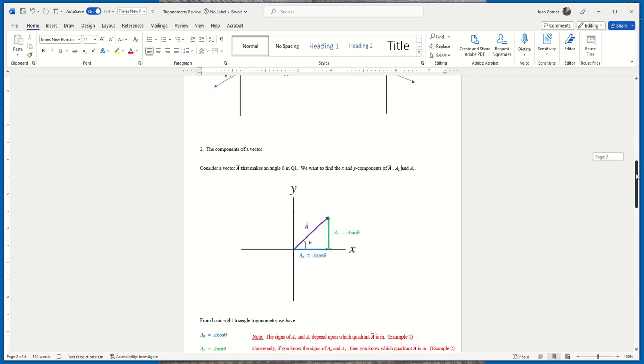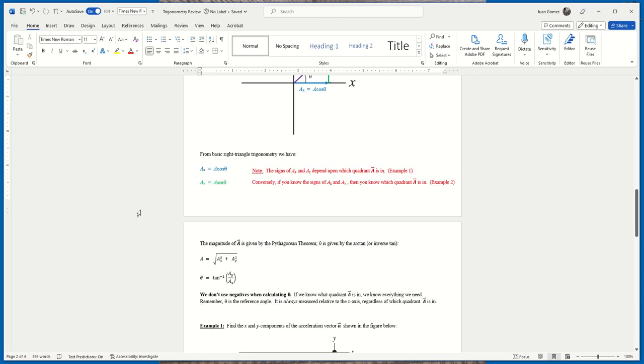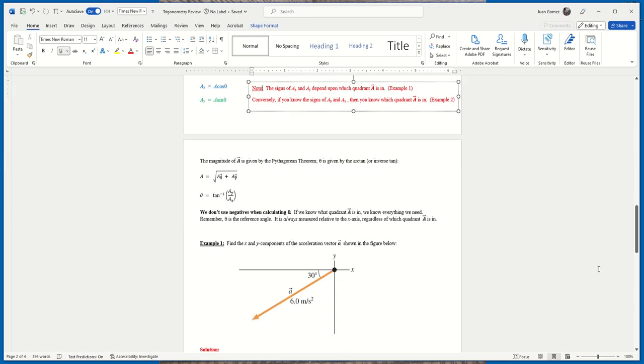And again, the x component, in this case ax, is always a cosine theta. ay is always a sine theta because we're using the reference angle. The sign of ax and ay depends on the quadrant.